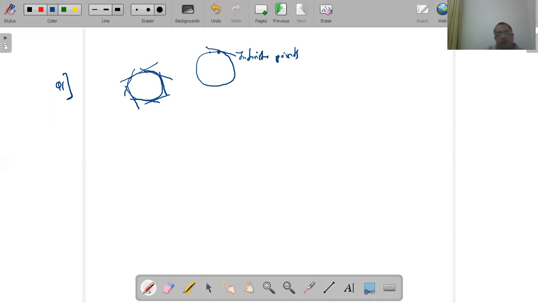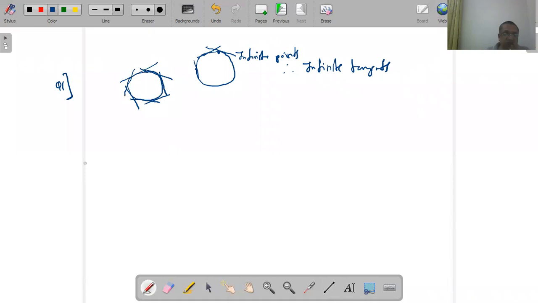So if there are infinite points on the circle, through each point it is possible to draw a tangent. So how many tangents are possible? We can say that infinite tangents are possible. So the answer to the first question, how many tangents can a circle have? A circle can have infinite tangents.